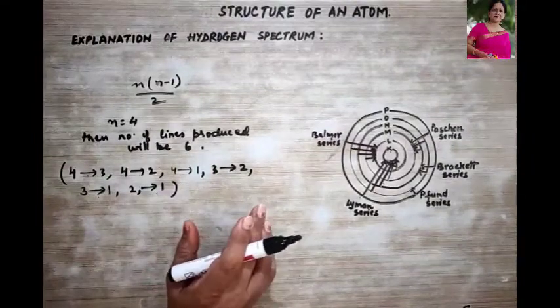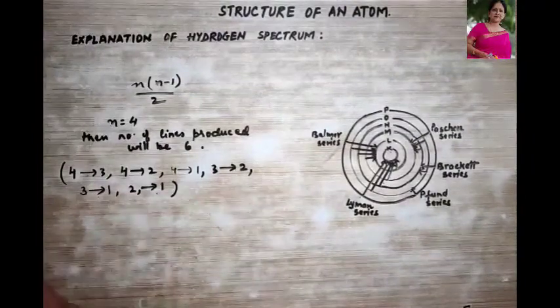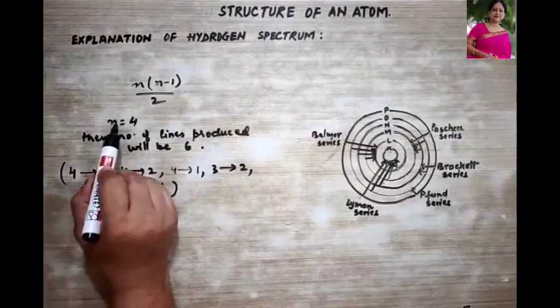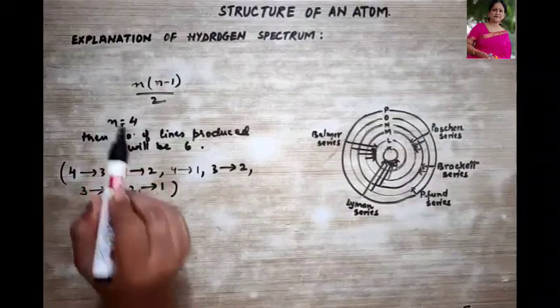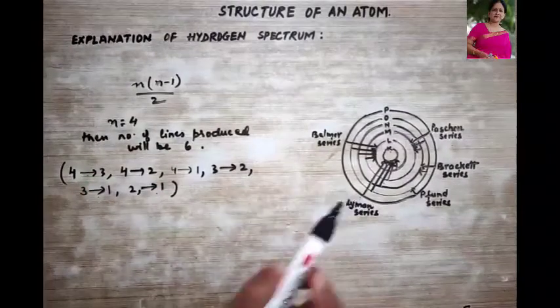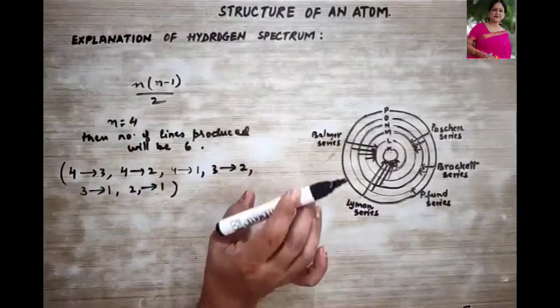What did we see? That if the electron has to jump from the fourth orbit, then how many lines will be produced? 6 lines will be produced.